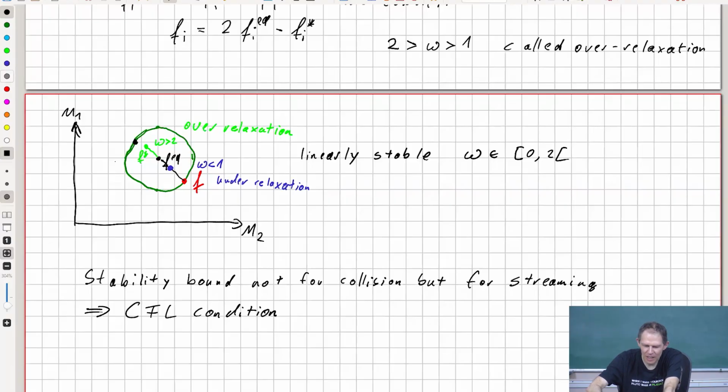And now there are three different modes by which information is carried on in the lattice Boltzmann method. The first one is the advection.